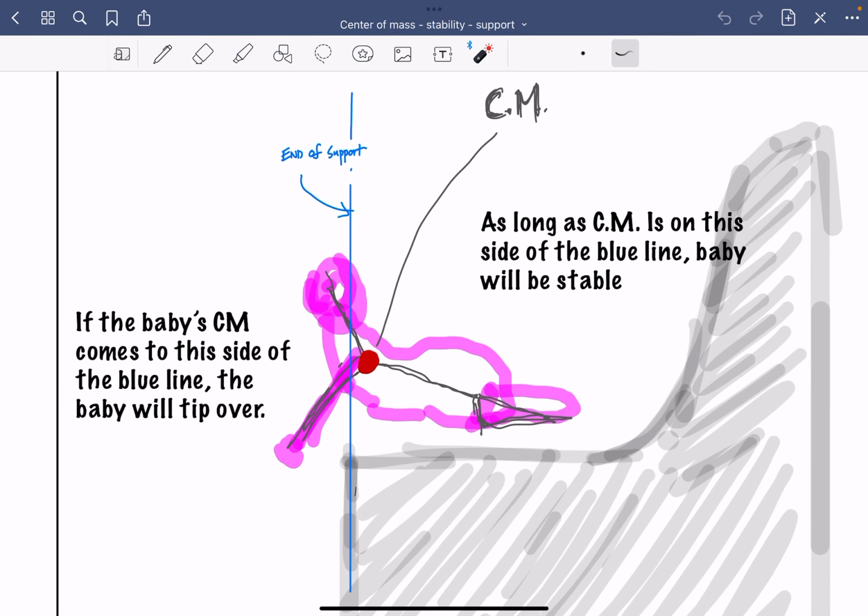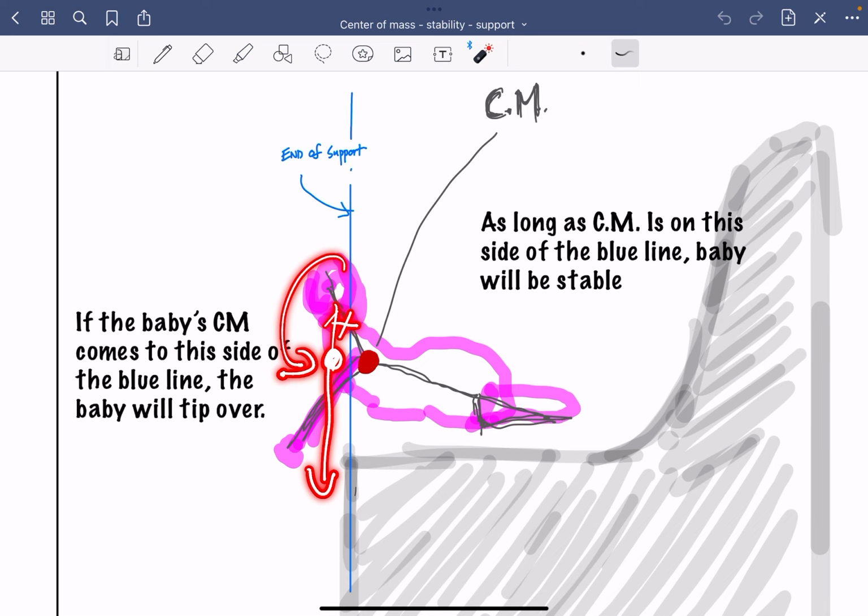Now what we have to be looking at is where the center of mass is. Even if her arms are off and the edge of support is right here, the force of gravity is acting this way. So you actually see that there's nothing that will allow the baby to rotate, because that center of mass point hasn't passed this line. If the baby's center of mass comes to the side of the blue line, this side, the baby will tip over, because now you create a moment.